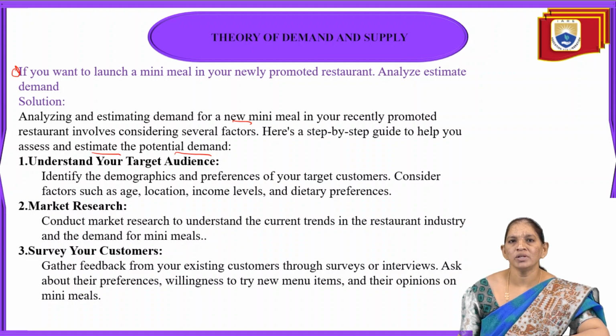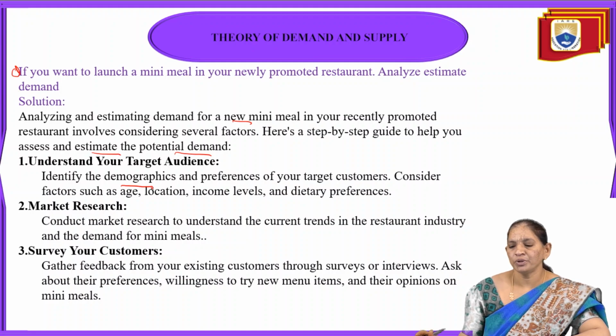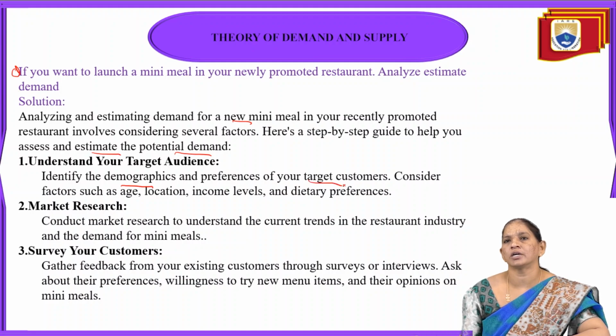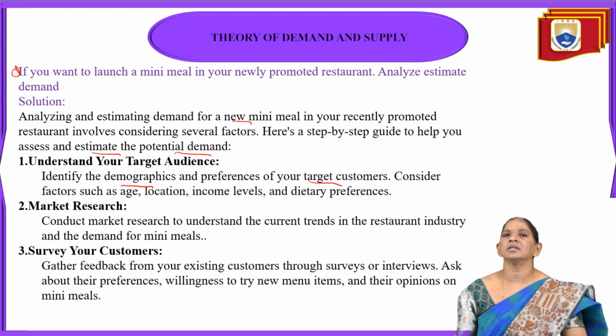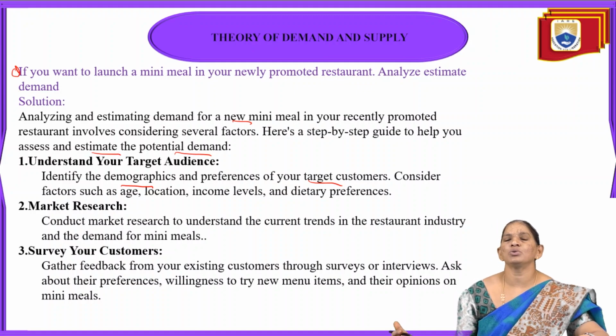The targeted audience depends upon the demographic estimation, meaning geographical estimation, and the preferences of these targeted customers. Maybe the place has tourist importance, so the restaurant will function very well as many people will come for these meals.